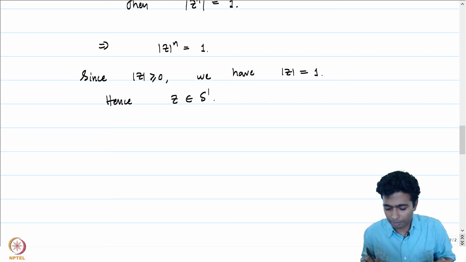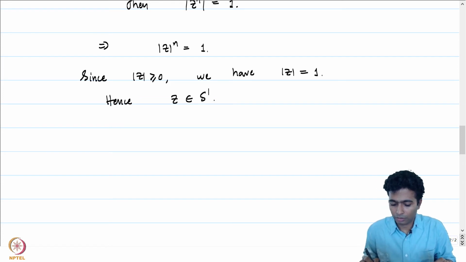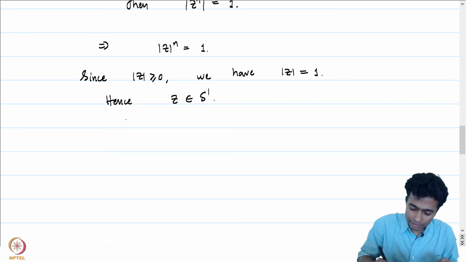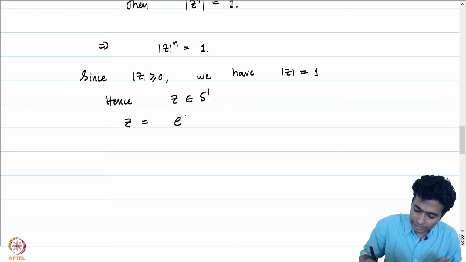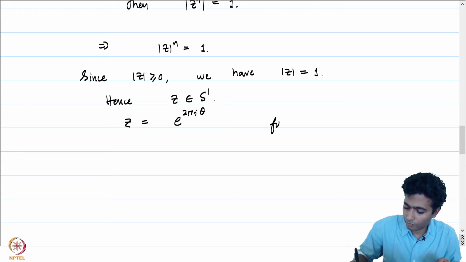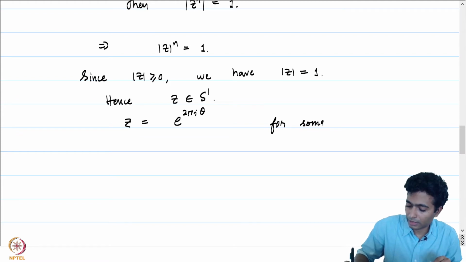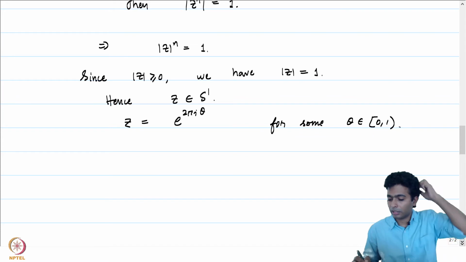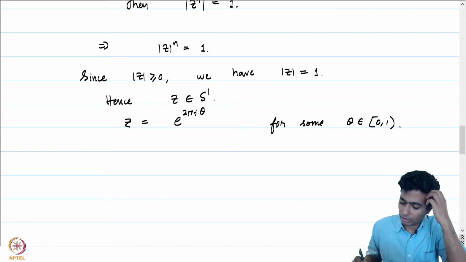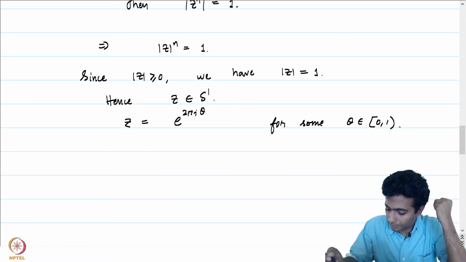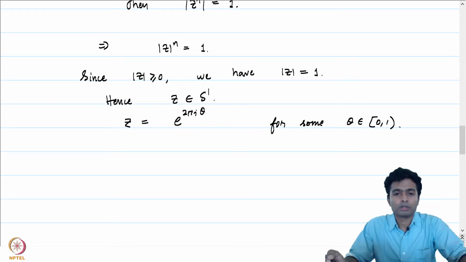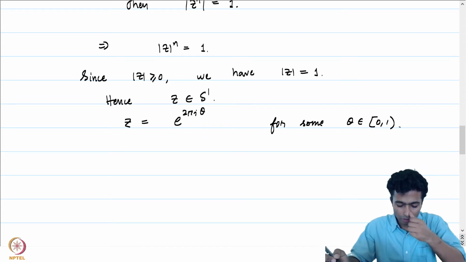Okay, let's see what happens when z is in S1. Then we can write z as e to the power 2 pi i theta for some theta belonging to [0, 1). This is the polar representation of our complex number z.